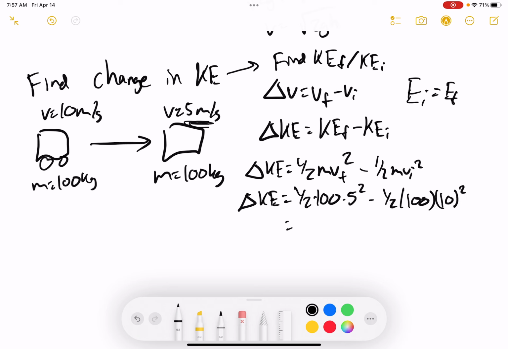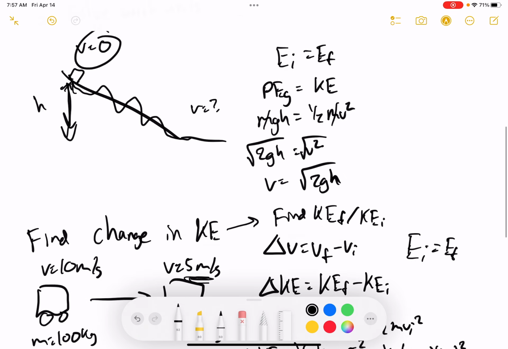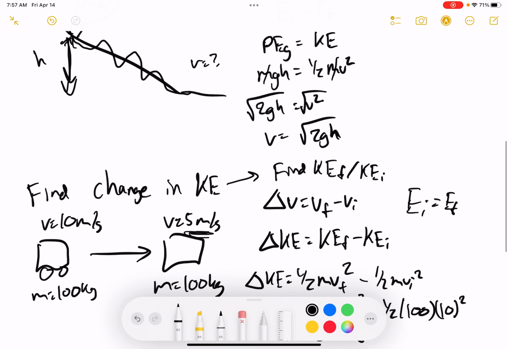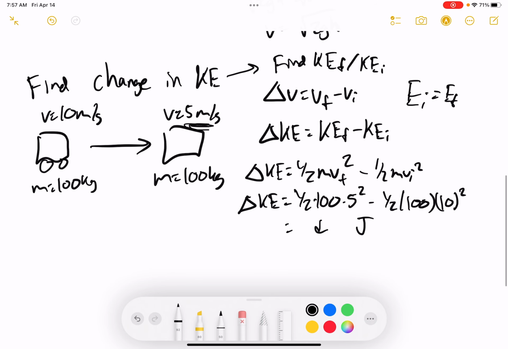Okay, and then you solve this and get an answer. And since it's KE, I would have a final answer in joules. Shouldn't be too hard, but I just want to give you permission that it's not always EI equals EF. There are some scenarios where it's simply just KEf divided by KEi, or maybe just the change in KE is KEf minus KEi.